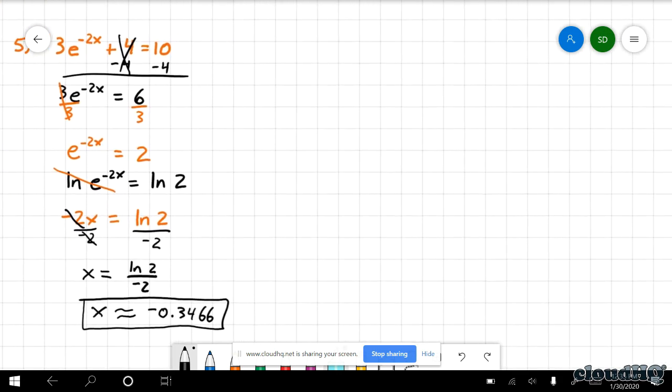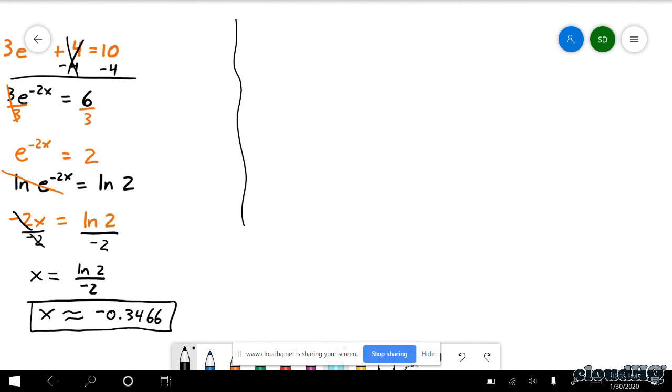So let me jump over, change directions here a little bit. We'll give the equation. This is continuously compounded interest.